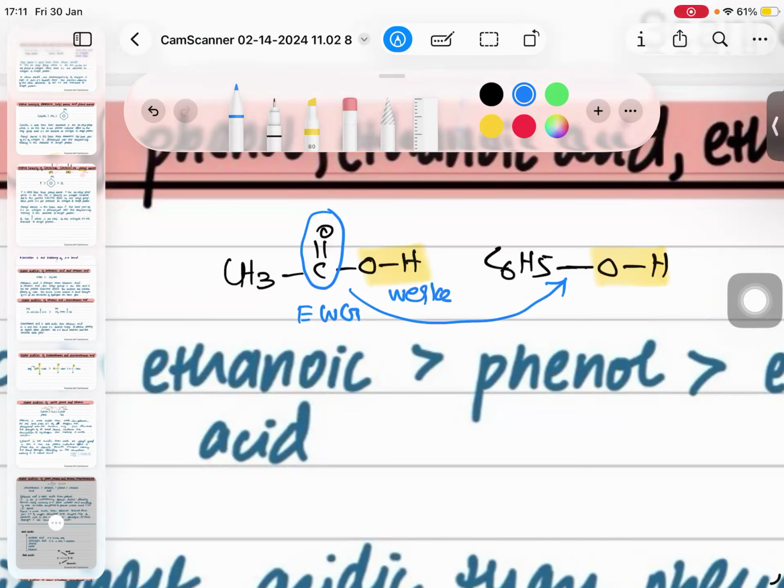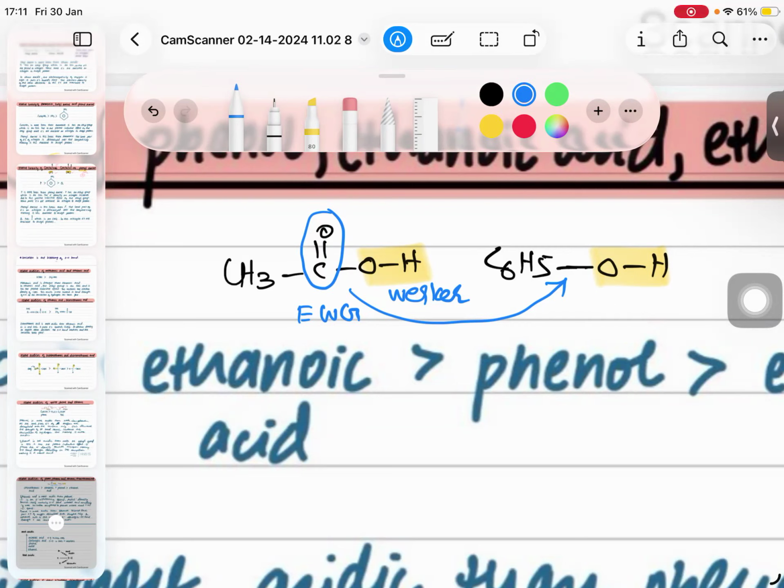Weaker. So that is why all the carboxylic acids have this. They have C double bond O right before the OH, right? As compared to phenol, water, ethanol, where they don't have C double bond O. So the one with C double bond O will definitely be more acidic as compared to phenol, water and alcohol, right?